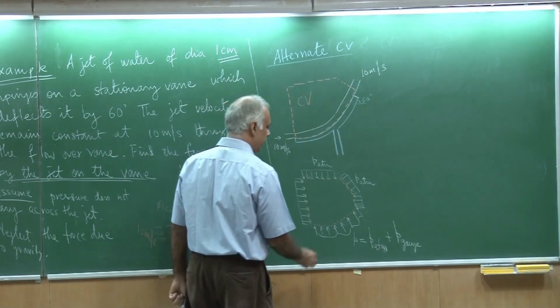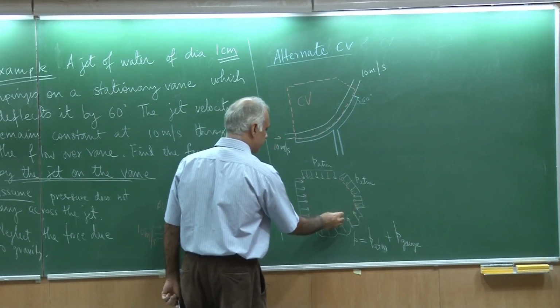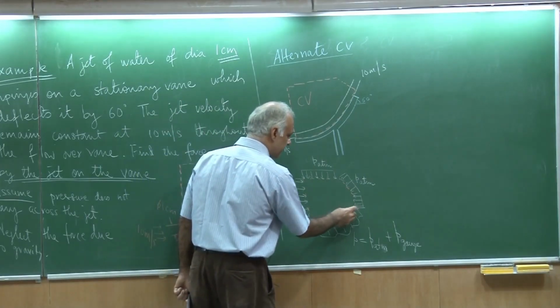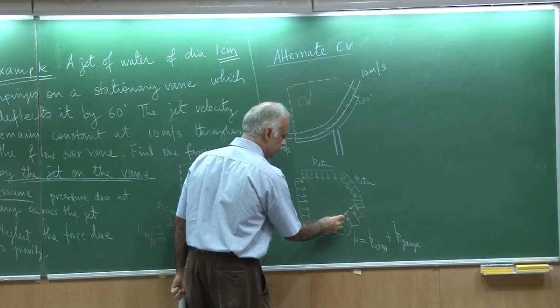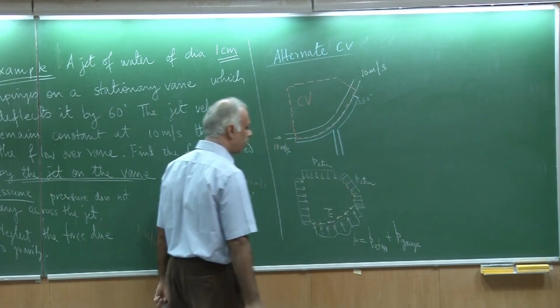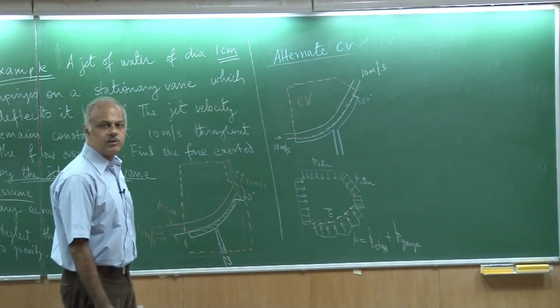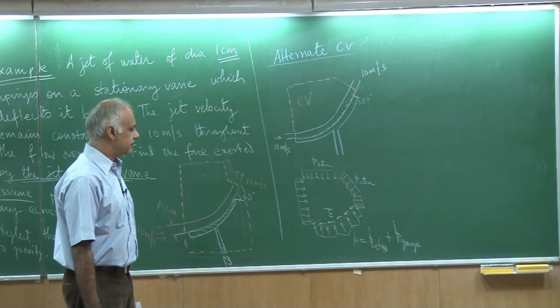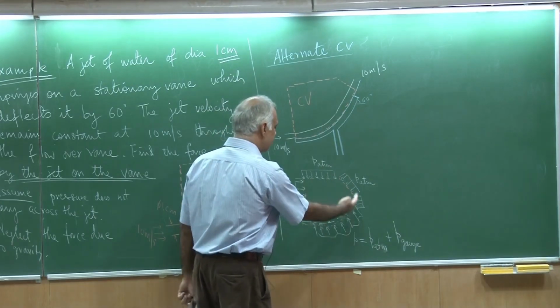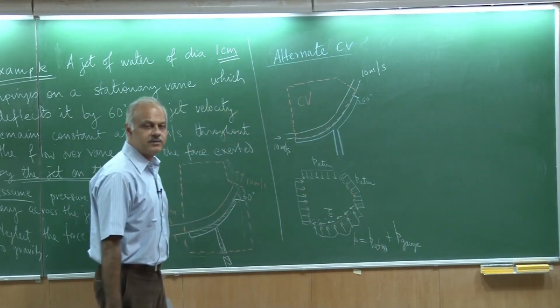In addition, because there is fluid here, although I have not drawn it, there are also going to be some shear stresses. So, there is a tau that acts on this control volume. Okay. So, this becomes a little bit more complicated now.